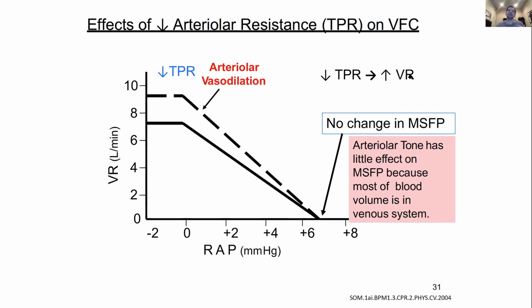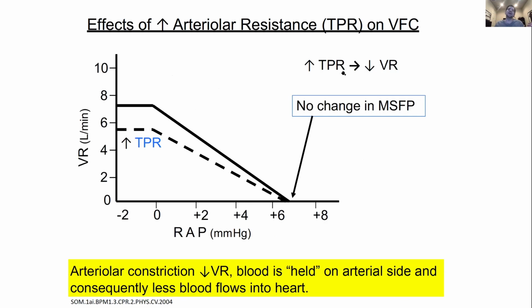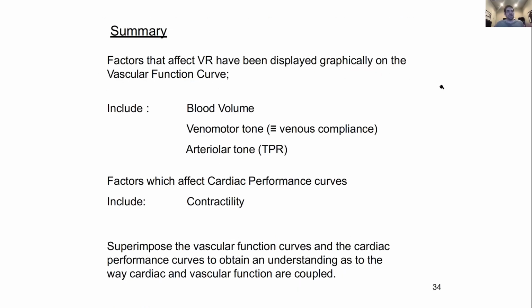So therefore, you're going to increase venous return in this regard, right? The arteries are bigger. There's less resistance. More blood is going through. As I just stated, if you vasoconstrict on the left side, you're decreasing the amount of blood that's going to go circling through to the right side. So that's going to decrease your venous return. And I'm harping on this because this is important when you look at the Guyton cross plots.